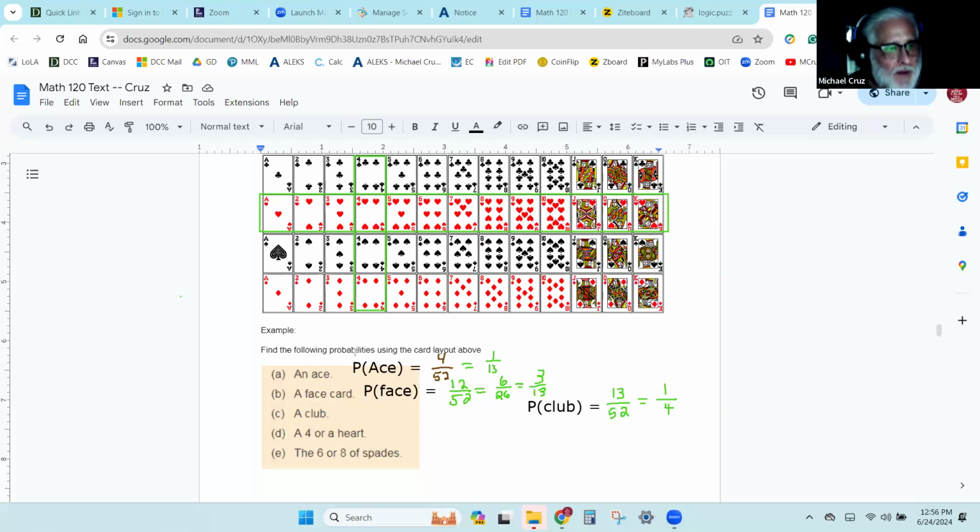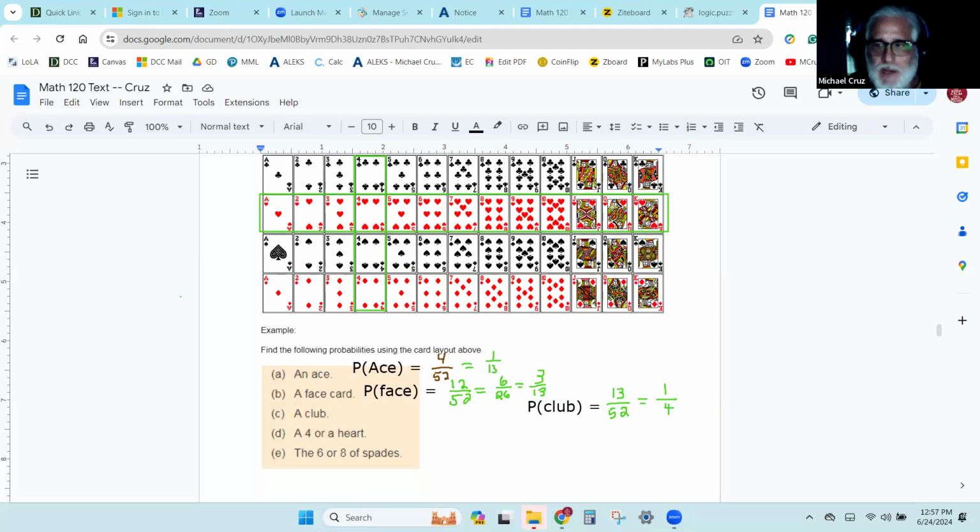And this is why we had that little rule for the number of elements in the union of two sets, that it's the sum of the number in A and the number in B minus any that are the same. So the reason why is we don't want to count things twice. And that's what would happen here if we don't notice this.